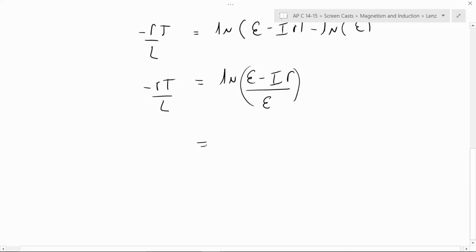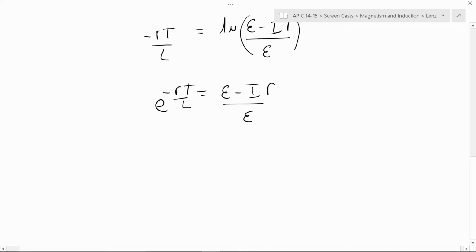When you do e to the ln of something, you just ignore the ln. And this is now E minus IR over E. This is e to the minus RT over L. Cross multiply. So that's E times e to the minus RT over L equals E minus IR.